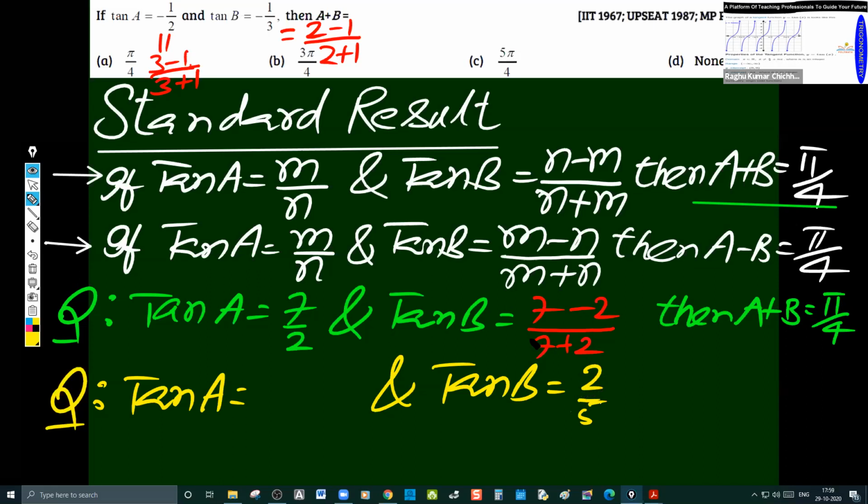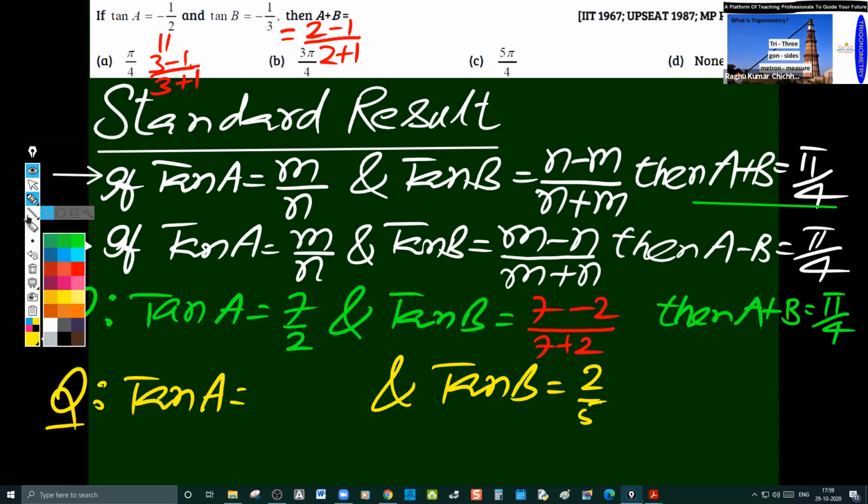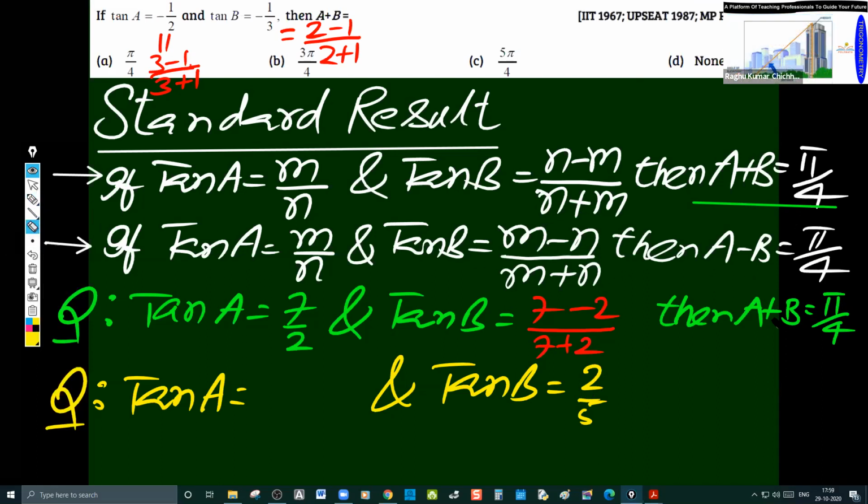Oh, I wrote wrong here. I wrote 7 minus 2 here. That means m minus n I wrote. Then this should not be a plus b, that should be a minus b. Here, of course, it is correct: denominator minus numerator, we wrote. But here I wrote numerator minus denominator.